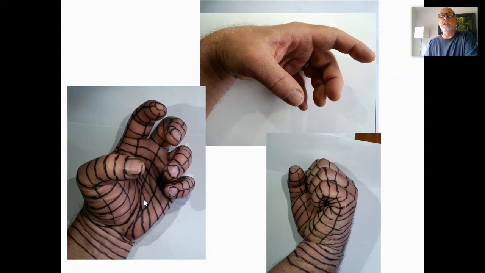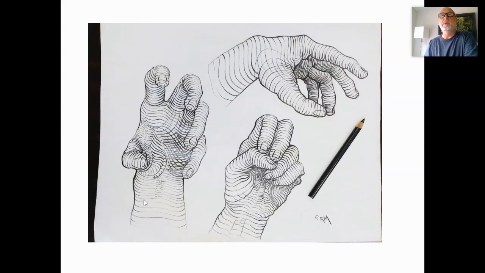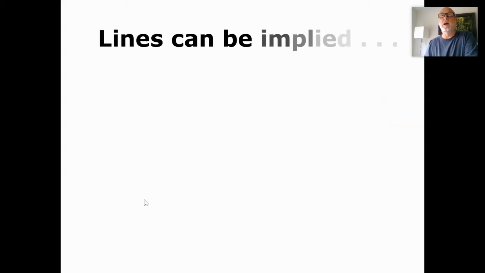Can you still see the contours in this hand? Would you be able to draw those hands without actually seeing the contour lines drawn on them? Those contour lines are implied. They don't actually exist, but we can still see them.